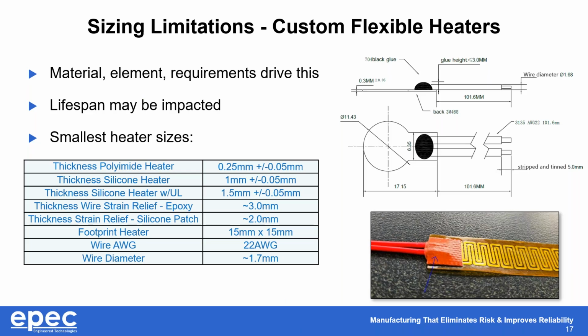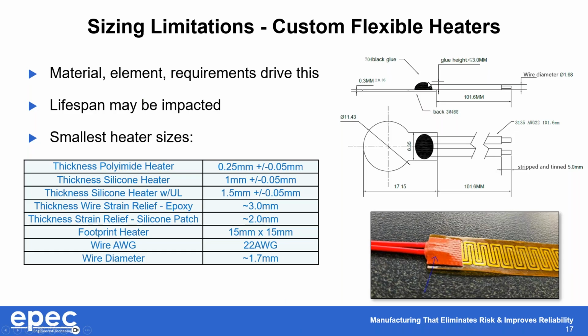The other consideration is that now that you have a heater, you need to figure out how to power it. A lot of times the wire itself that we're attaching is either the most massive or the thickest item in the assembly, along with the strain relief that secures the wires to the heater. In this view on the upper right, we have an epoxy strain relief that has a height of less than 3 millimeters.